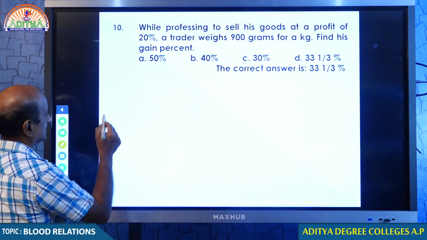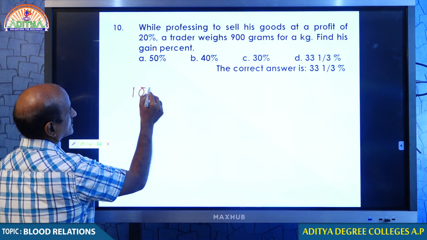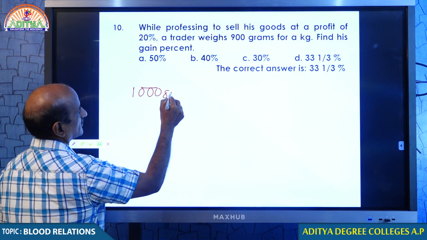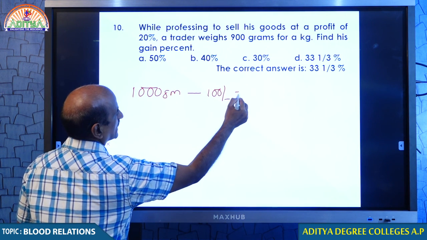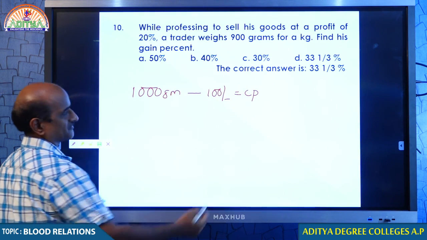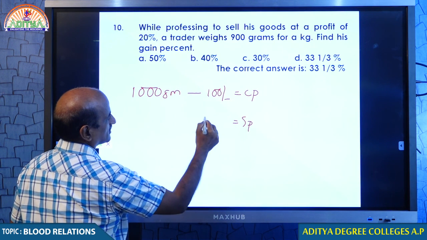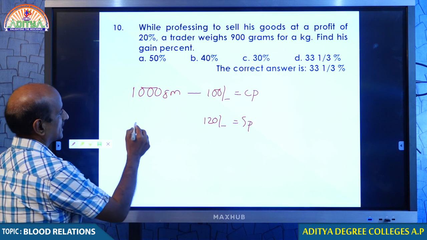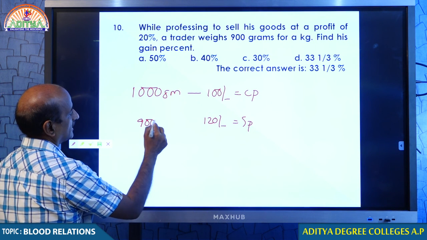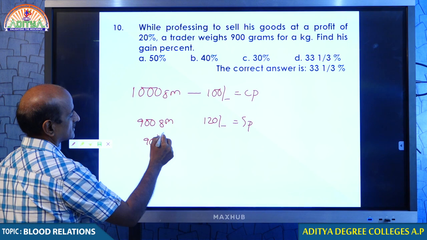See how I am managing: I bought 1000 grams in the wholesale market for 100 rupees. So my cost price is 100. Point number 1, I am selling this item 20% more, that is 120, but I am giving them only 900 grams, which means 90 rupees worth of tea.